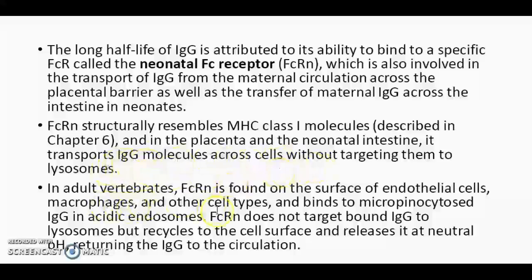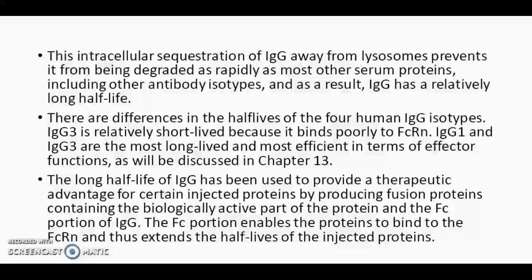In adult vertebrate, Fc receptor is found on the surface of endothelial cell, macrophage, and other cell type, and binds to micropinocytosed IgG in acidic endosomes. Fc receptor N doesn't target bound IgG to lysosome but recycles to the cell surface and releases it at neutral pH, returning the IgG to the circulation.